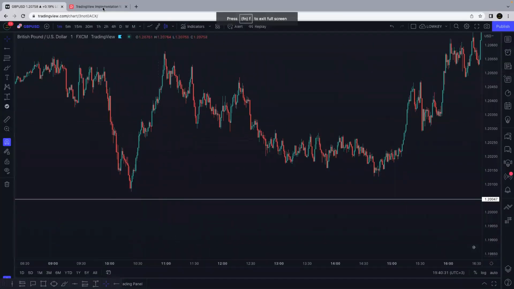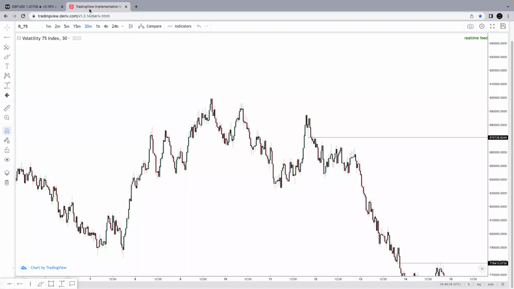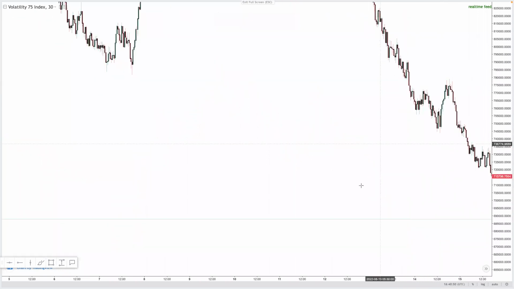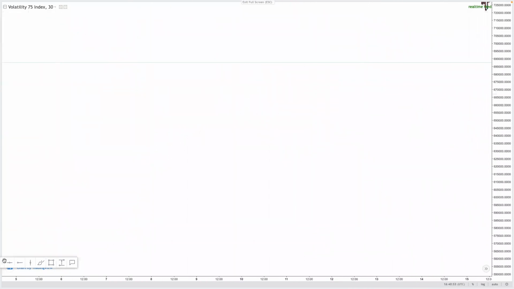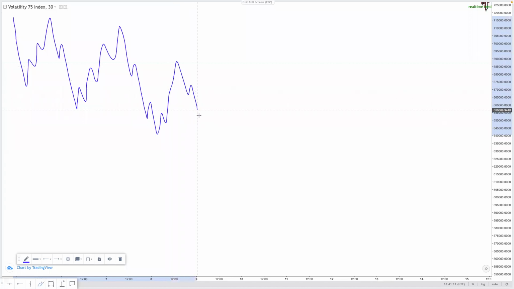So another structure we're going to look at today is called the hidden invalidation. So let's say we have a downtrend, and we came to break structure right here.